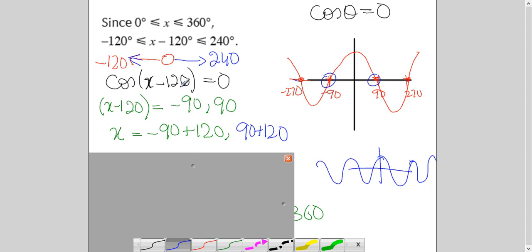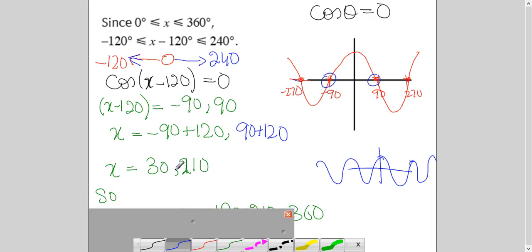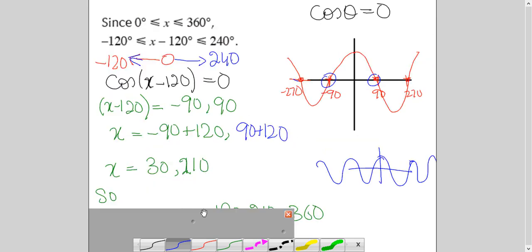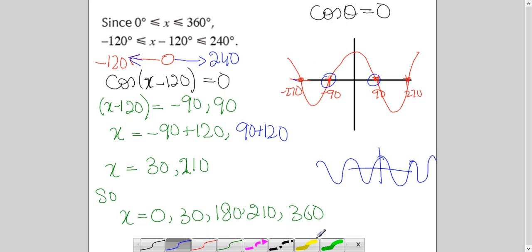Now this 120 will come here and we will solve it like algebra. And we got these two answers. So three answers we have from here: 0, 180, 360, and two answers from here. So altogether we have 5 answers. And then you will write them in the proper order. Okay, these are your answers.